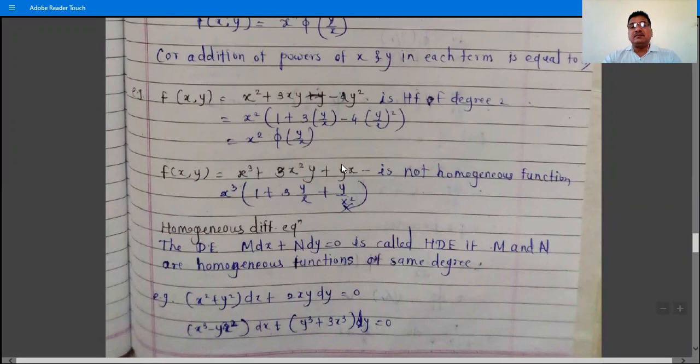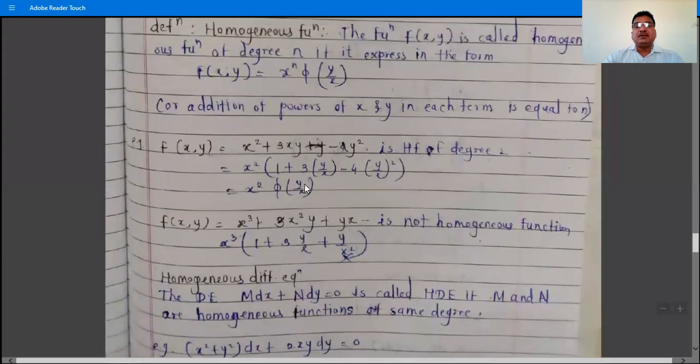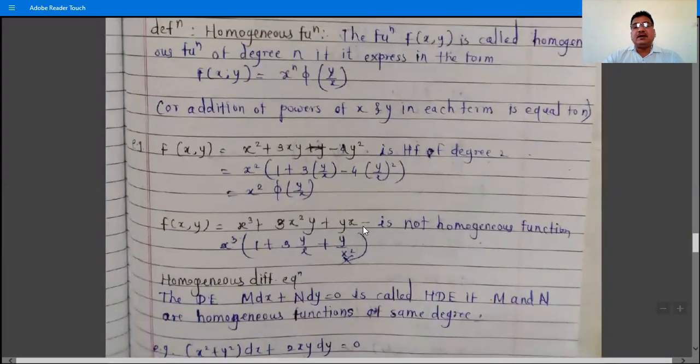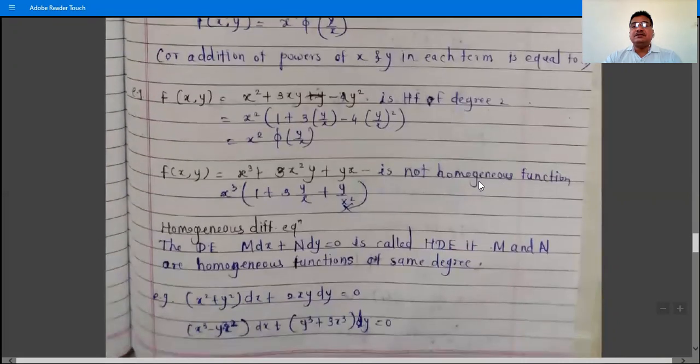But in the last term, the power of x is 1 and the power of y is 1, addition is 2. So the addition of powers of x and y in each term is not equal. In the first two terms it is 3 and in the third term it is 2. Therefore it is not a homogeneous function.